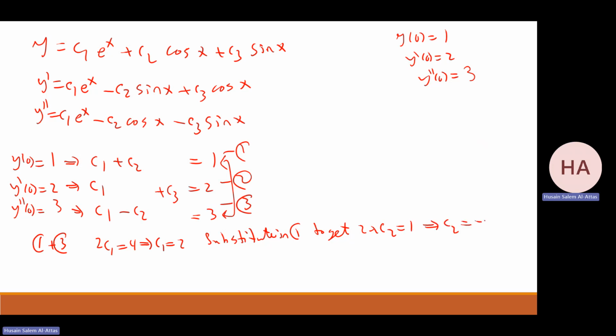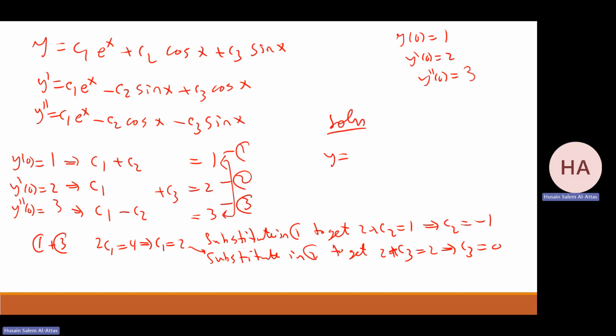So c2 equals minus 1. And substitute this in 2 to get 2 plus c3 equal to 2. So c3 equals 0.